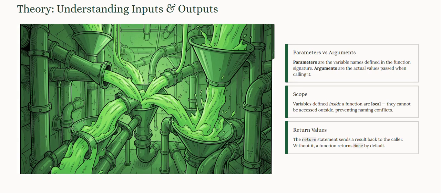Then there is scope. Variables defined inside a function are local. So whatever variables are defined inside the function will be local. They can't be accessed from outside, preventing conflict.